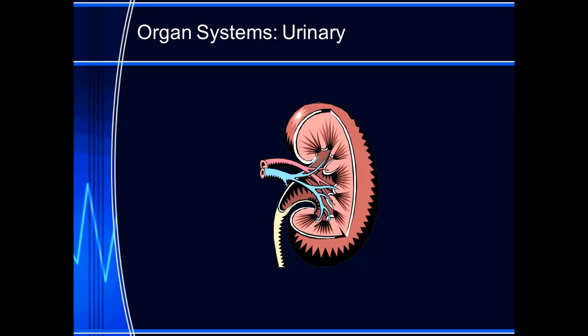The urinary system, as mentioned before, is essential for the homeostasis of fluid balance. It's also an area, the kidney, that houses a certain hormone called erythropoietin. That particular hormone is essential in the turning on of the bone marrow to make more red cells.